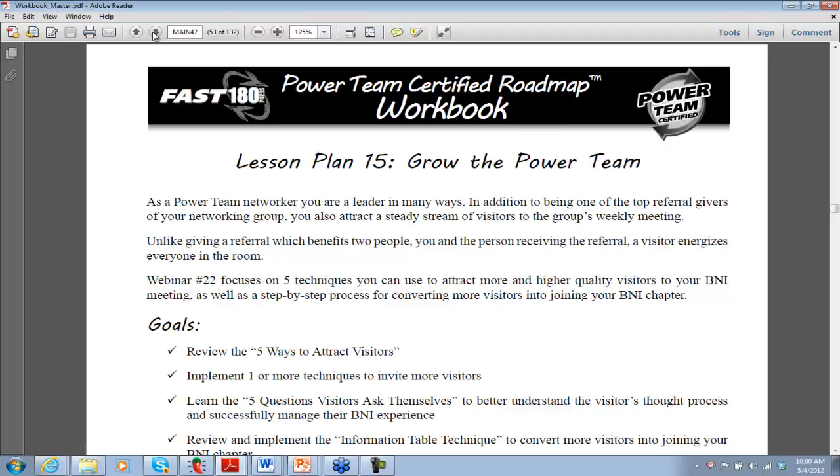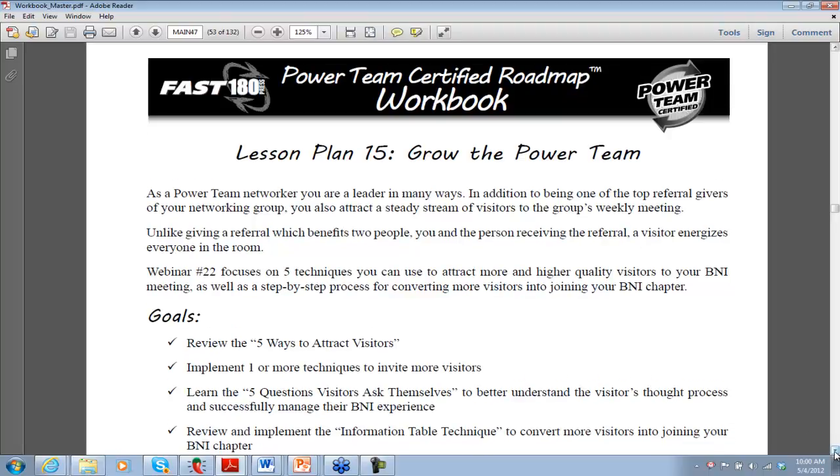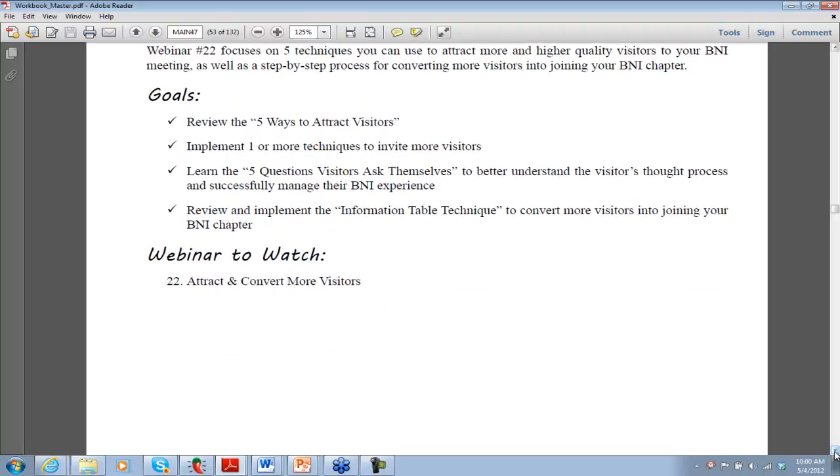In your workbook, I believe we're on page 47. We're going to talk about how to attract visitors, how to talk to visitors, some script dialogue type stuff for inviting people. And then we're going to put ourselves in the shoes of visitors, get into a little psychology so that you can do a better job of connecting and converting.